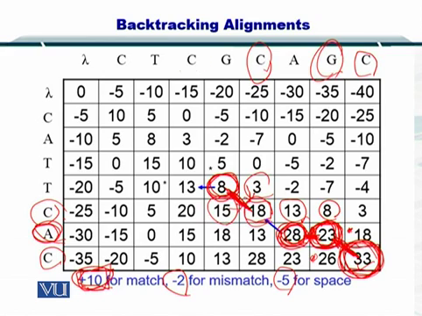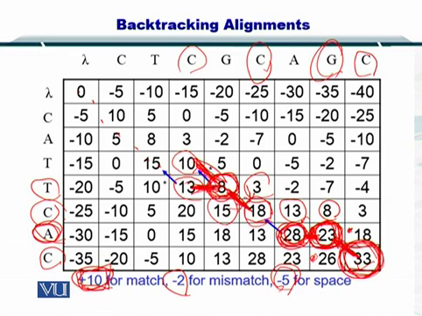Next, C does not match with a T, and therefore it's a minus 2. So 10 minus 2 will be 8. And here 13 minus 5 will also be 8. So here both of these elements result in an equal value. So you have two options here, either to select this one or this one. Let's say we select both of them, and we continue this process until we reach 0.